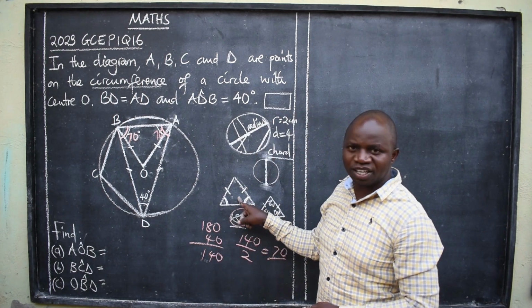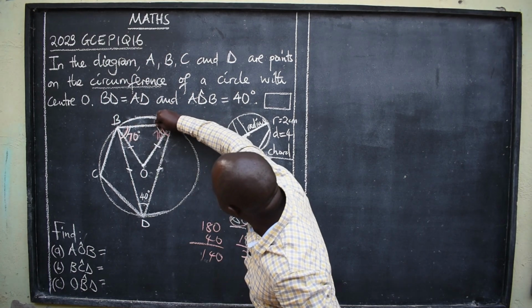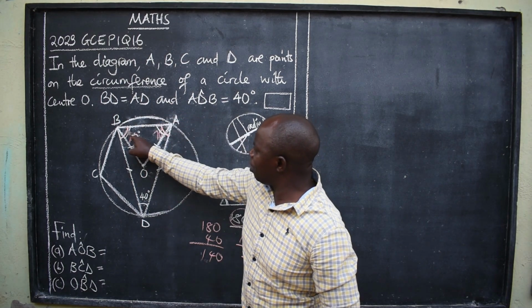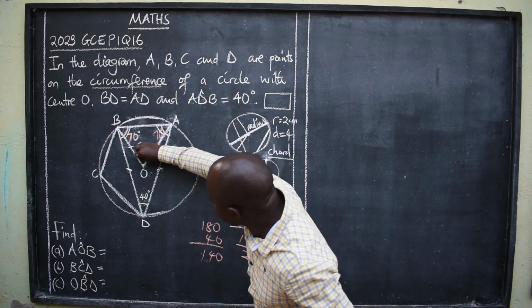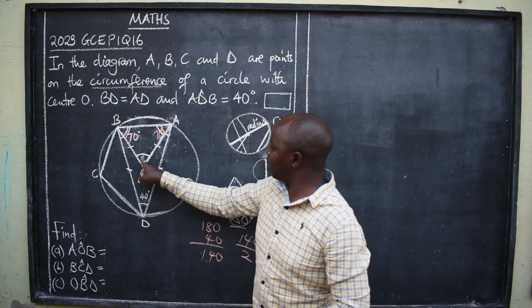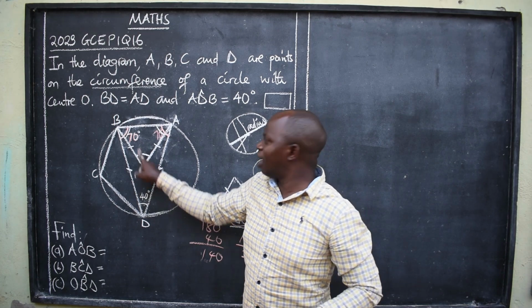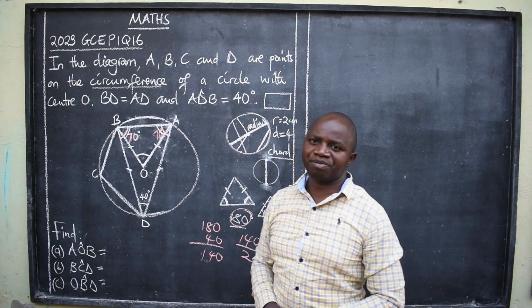So I need to find this angle here, which will be the same as this. For me to get this, I should know this angle here, so that I'll be able to say whatever I get here, minus 180, divide by 2, I'll get these two.